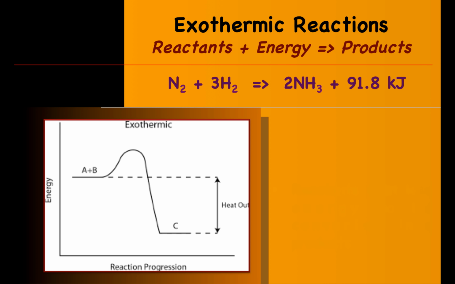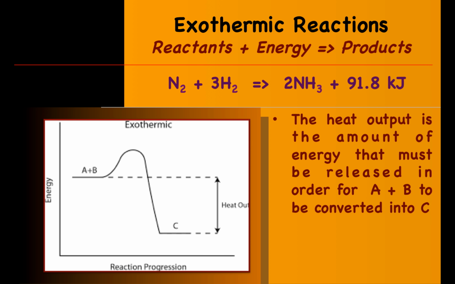Let's consider the reaction between nitrogen and hydrogen to produce ammonia. In this reaction, 1 mole of nitrogen will react with 3 moles of hydrogen to produce 2 moles of ammonia and 91.8 kilojoules of heat energy. That's the heat output.